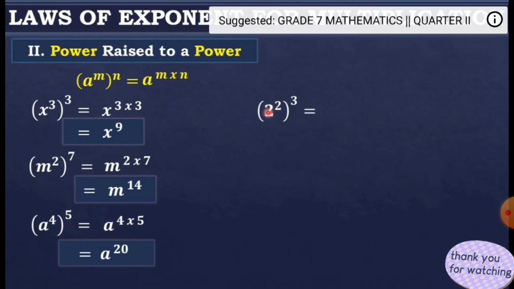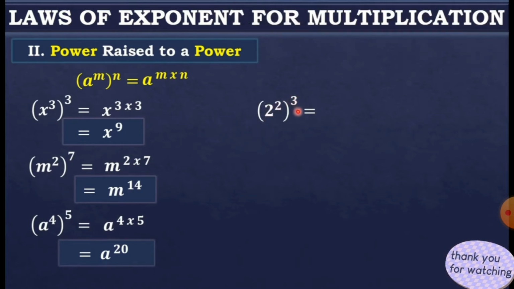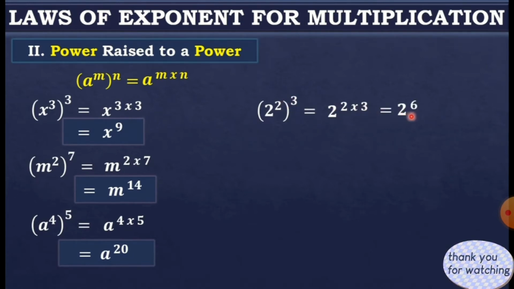This one, 2. Okay, the base is 2. So first, you have to write the base. Okay? And then, we will multiply the exponent. So, 2 times 3. When you multiply the exponent, 2 times 3, that's 6. So, the base is 2. Then, we have to simplify. So, 2 raised to the power of 6 or 2 to the 6th power.